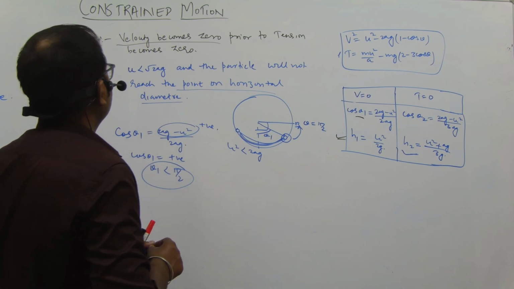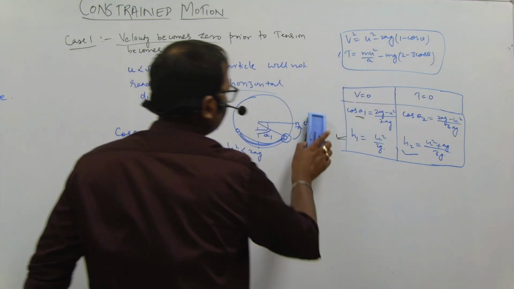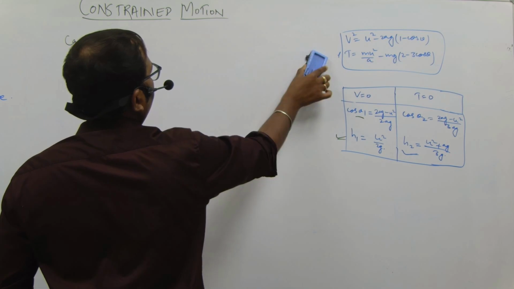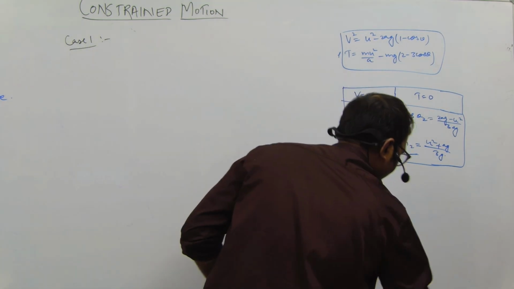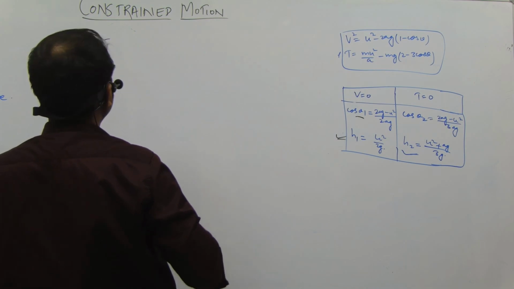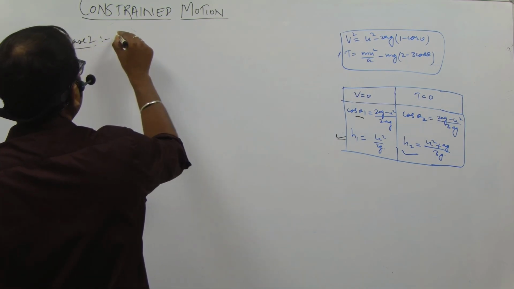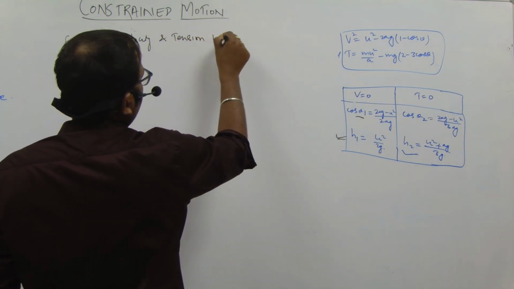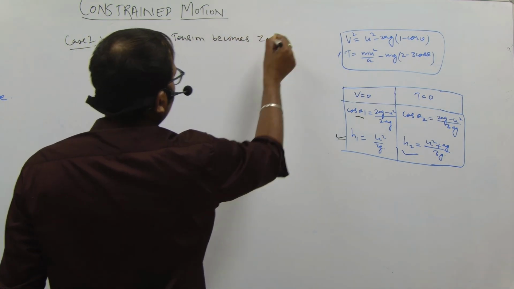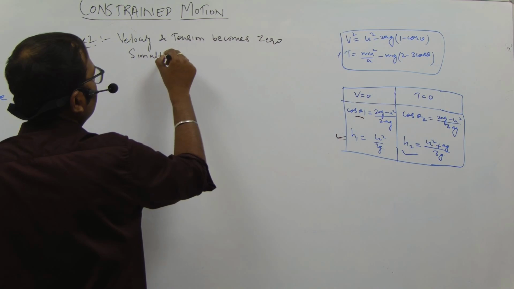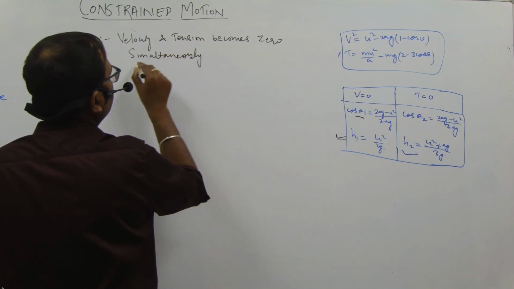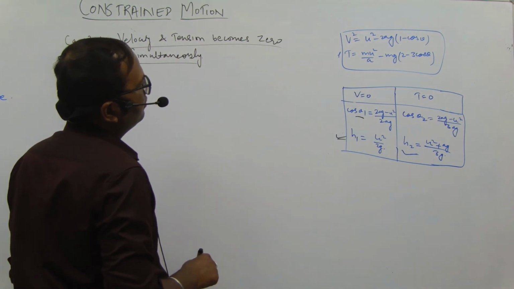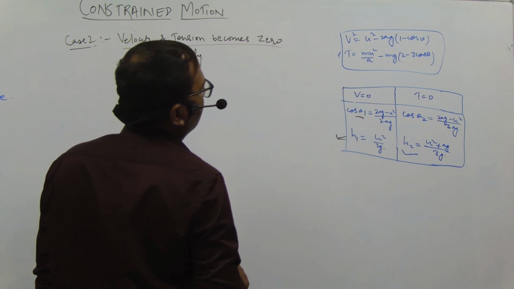Okay, so let us discuss case 2. Velocity and tension become 0 simultaneously. So this means v is equal to 0 and tension is equal to 0.